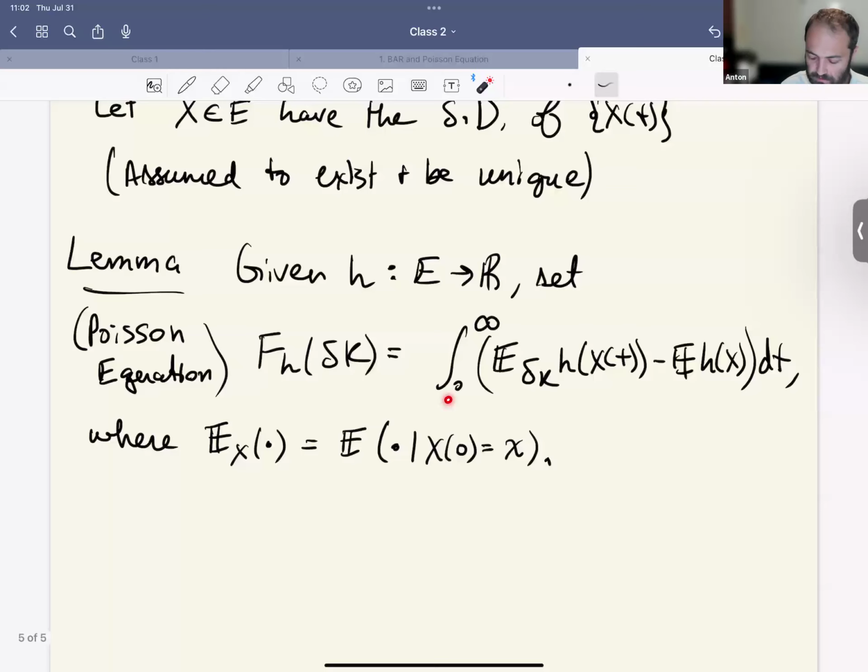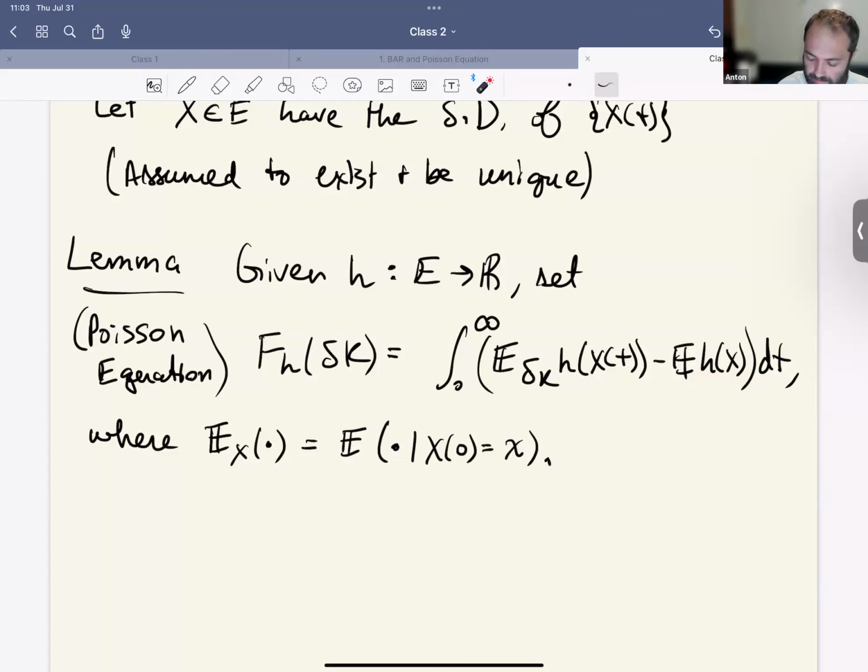So this is an integral over time. I've got over here the stationary distribution or the steady state expectation. We should think of h. H is going to be a test function. We're going to vary h to be anything, for example, Lipschitz 1. We can think of h as a reward.